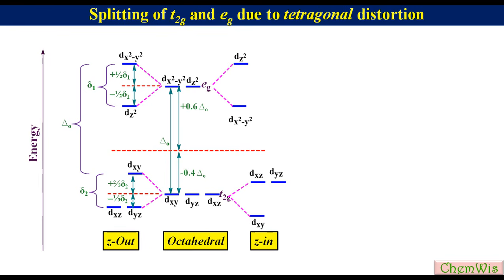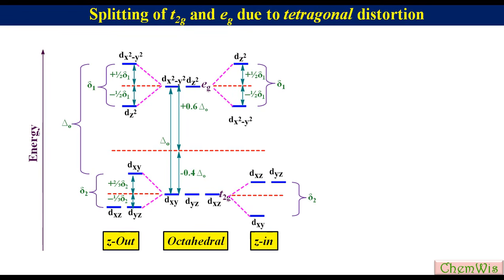The difference between the energy of dz square and dx square minus y square is denoted by del 1, and that between dxz, dyz and dxy is denoted by del 2. The energy of dz square is raised by half del 1, while the energy of dx square minus y square is lowered by half del 1.